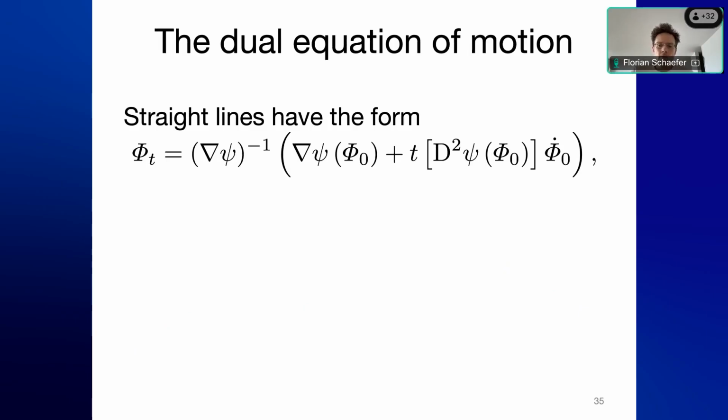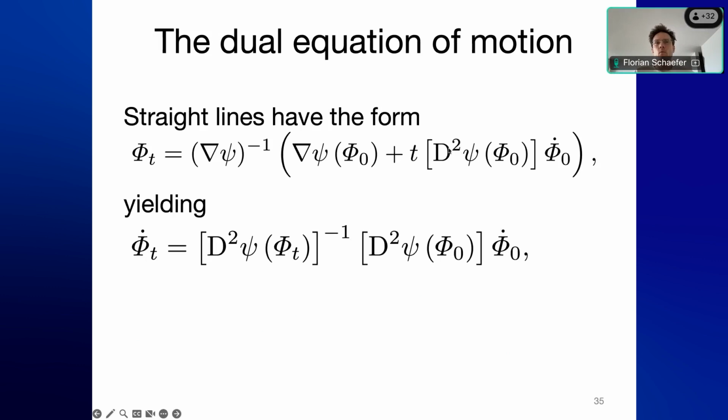Okay, and so now we have a crank that we can turn. We remind ourselves this is the form of this dual exponential map. So this is the form that our dual straight lines are going to have. We take a time derivative, and so we get a first order ODE for this.